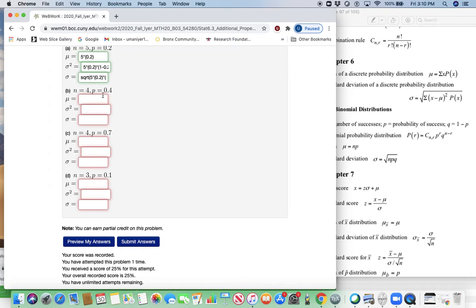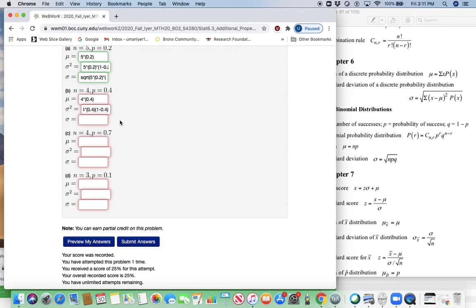Mu is n times p. 4 star 0.4. Sigma squared. I repeat, sigma is with the square root, so sigma square is without the square root. N times 0.4 times q, which is 1 minus p, 1 minus 0.4.